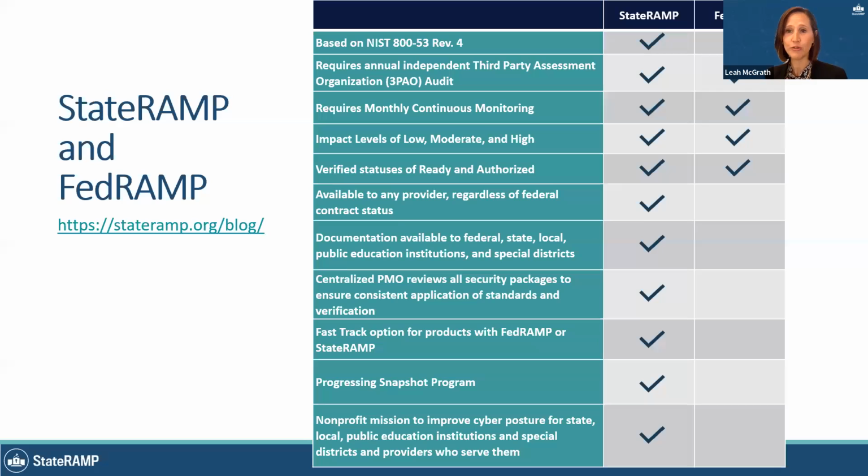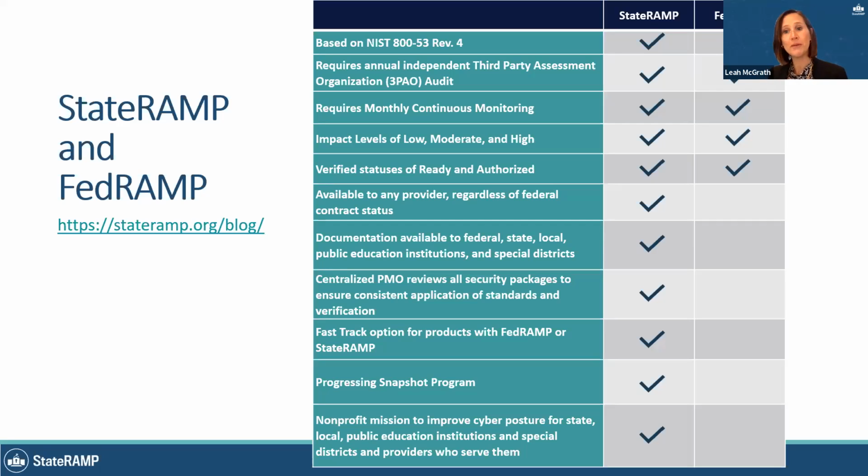Mainly that in order to be FedRAMP authorized, those products have to have a minimum contract with a federal agency, but also that FedRAMP, because it's designed to serve federal, doesn't share that information outside of federal agencies. And so for states and local governments who are looking for that communication, the continuous monitoring, information sharing, StateRAMP really helped fill that gap.